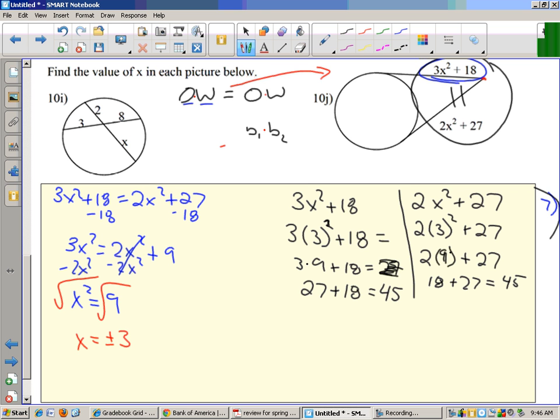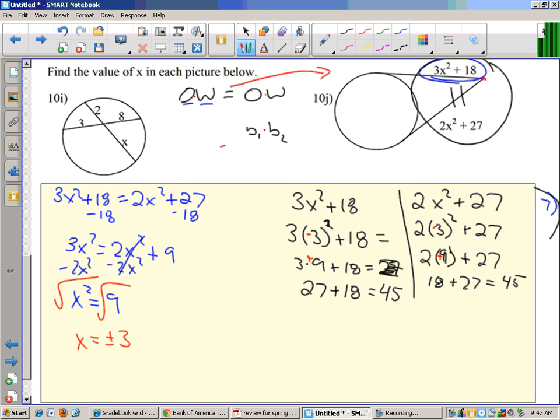Does that mean negative 3 won't work? Let's find out what happens with a negative. I'm just going to use what they've got here. So plug in a negative here. What's negative 3 when I square it? Is it positive 9? That's right. And this here, if I put in a negative, I'm going to get positive 9.